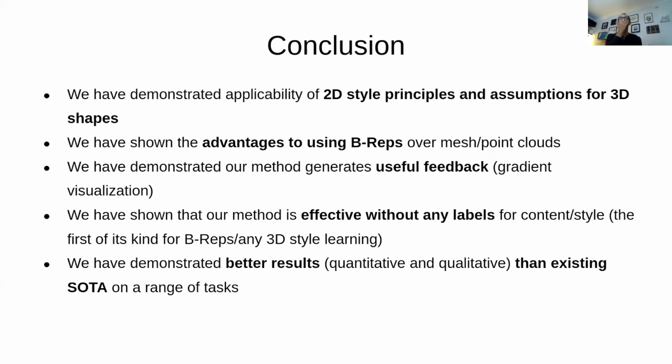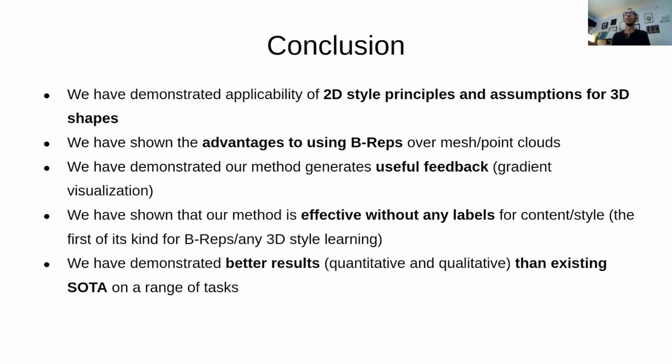Okay, so to summarize and wrap up what I've shown here, you can read a lot more about this in the paper, but the key takeaways are that we have generalized 2D style principles and assumptions to 3D shapes. There's been some work on this for point clouds, but we've shown it also for mesh, and in particular for boundary representations. And we've shown really the advantages to using these boundary representations over the alternatives.